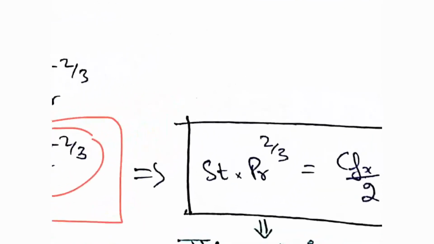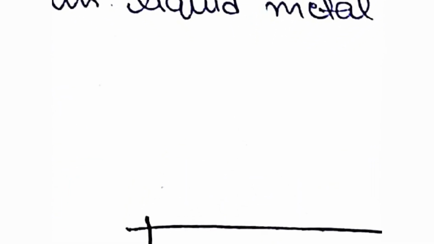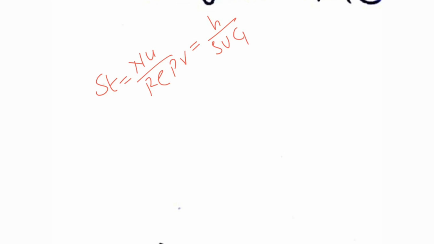I hope you understand this. If you do not understand, please repeat the video. Let me repeat this. The Stanton number is nothing but Nusselt number upon Re Pr, which is nothing but h upon rho v cp, and this can also be written as Cfx by 2 times the Prandtl number whole power minus 2 by 3.